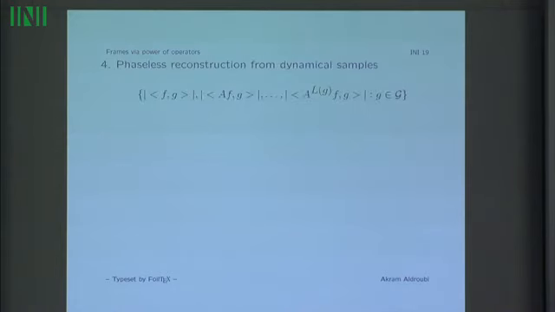There's another interesting problem that we have tackled a little bit, which is where your measurements are phaseless. What I mean by phaseless is that you don't know the inner product of f and g, or the sampling of f, if you like, or Af, etc. You don't know them, but you know their modulus, and in this case the problem we looked at, the Hilbert space was a real Hilbert space, and so those are absolute values.